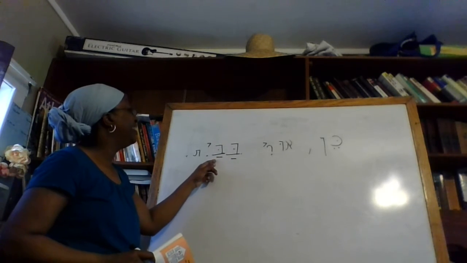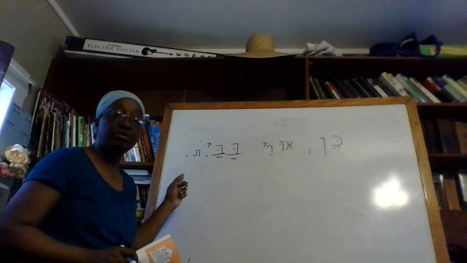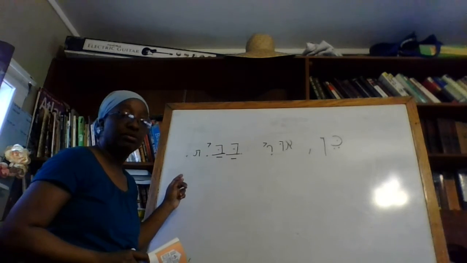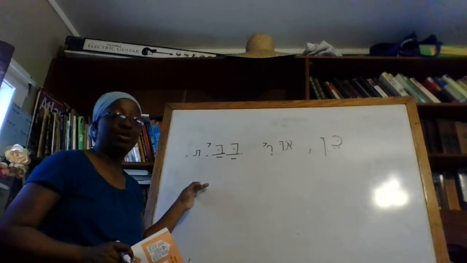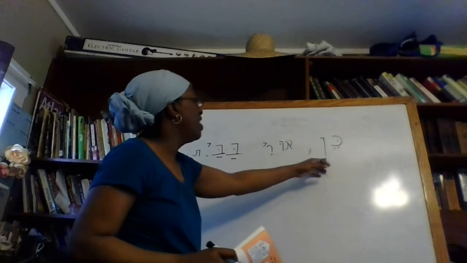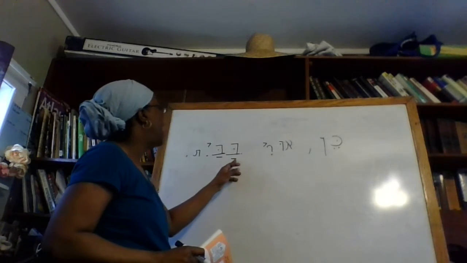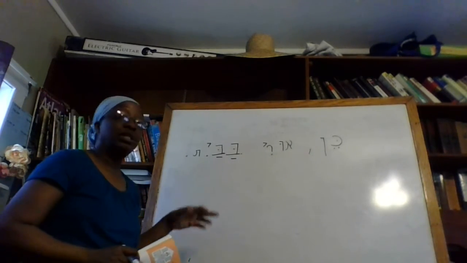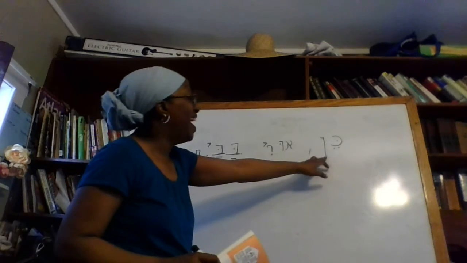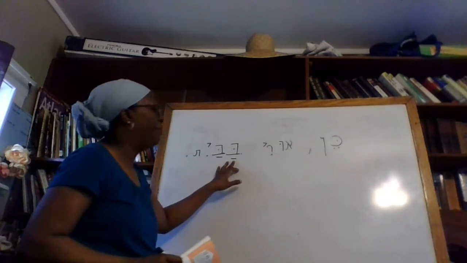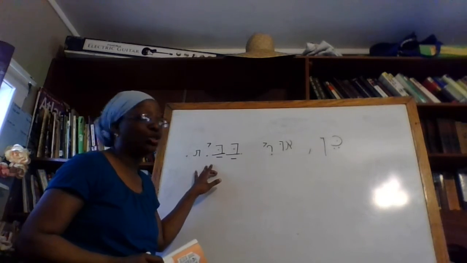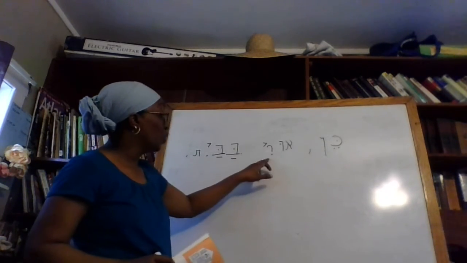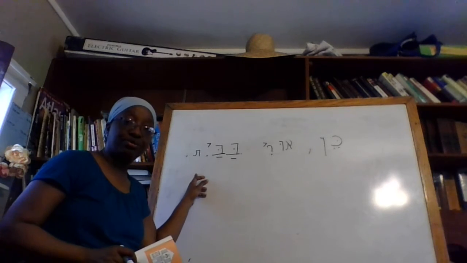So what that means is in the house. Ken, Uri, ba, bait. Yes, Uri's in the house. Ba means in the, bait means house. Yes, Uri's in the house.